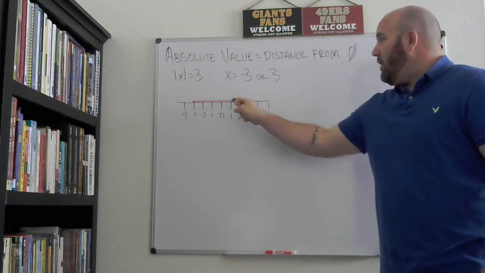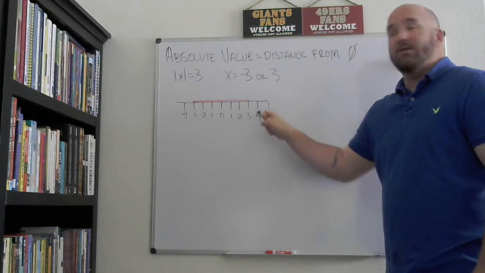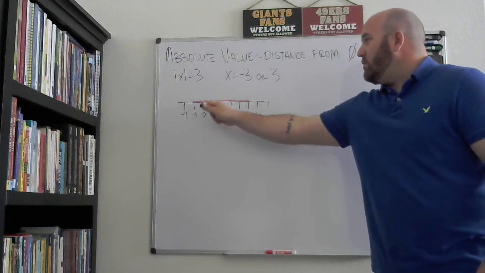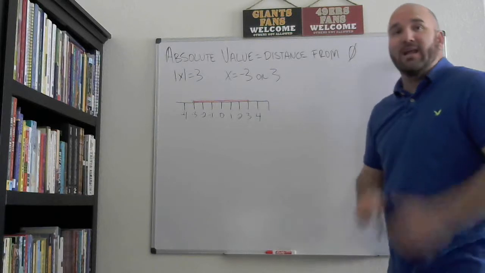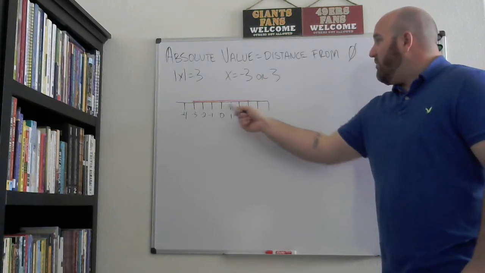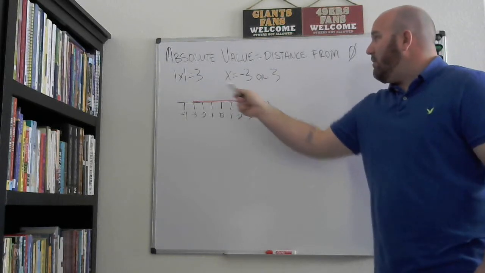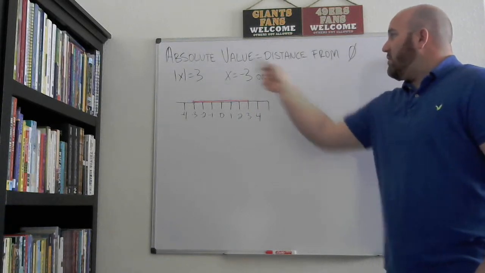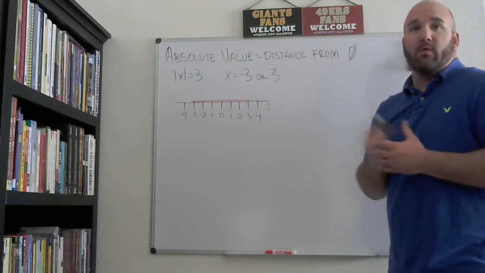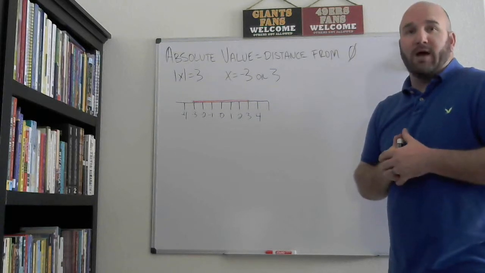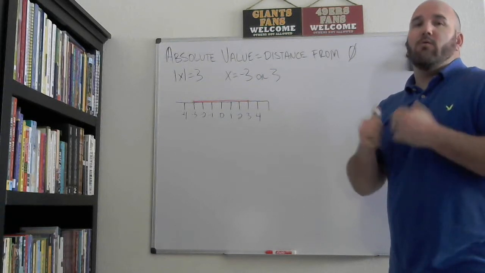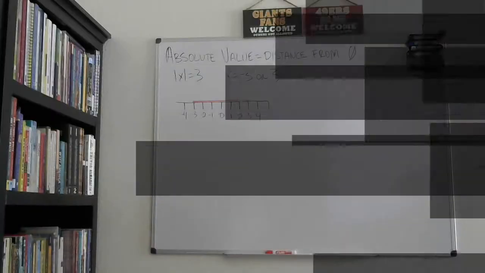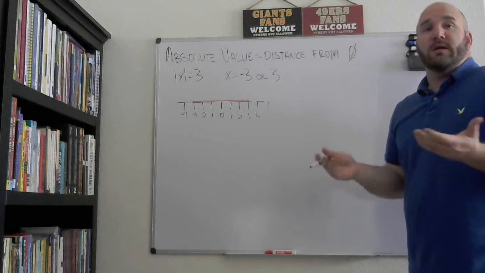Because we can go 1, 2, 3 units to the right, positive, away from 0, or we can go 1, 2, 3 units to the left, negative, away from 0. Both of these are 3 units away from 0, and because absolute value is the distance from 0, we know that these are our solutions. So remember, when you're solving an absolute value equation or inequality, there will always be two solutions to the equation. So let's look at an example that they gave us.